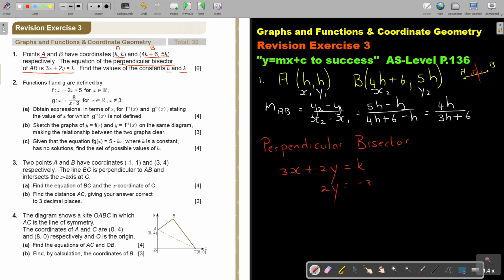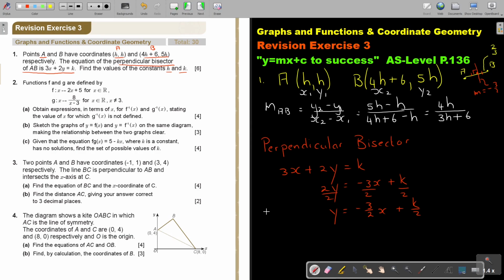Then it's 2y equals negative 3x plus k. Then I divide by 2 throughout. I did this just to get the gradient of the red line. This is k over 2, so I know this gradient is negative 3 over 2. Because it's perpendicular, the gradient of AB is the negative reciprocal, so it's positive 2 over 3.